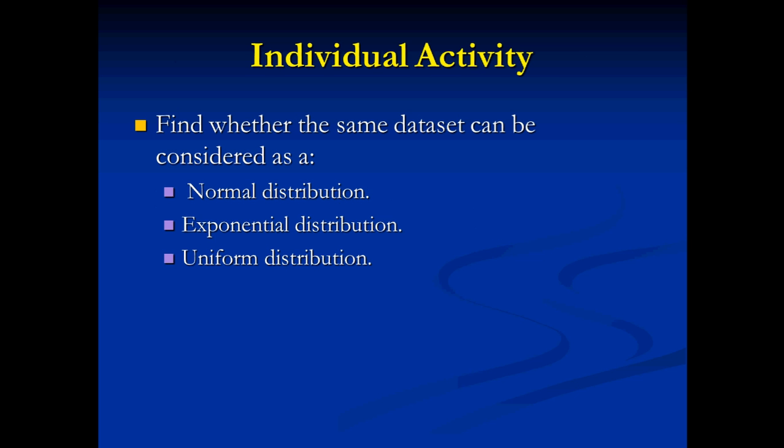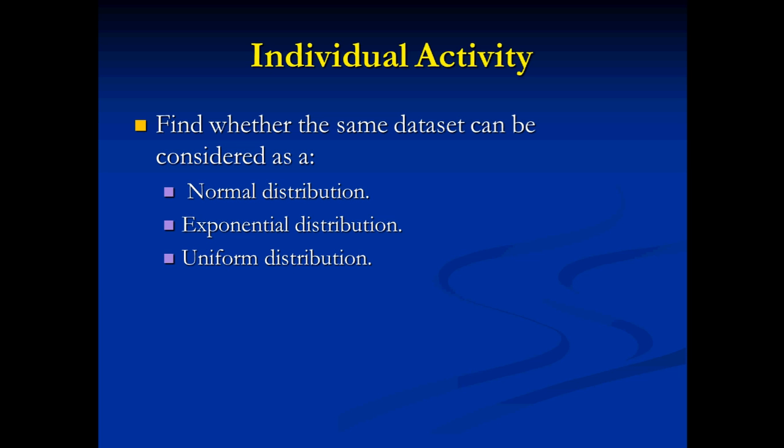Now you're going to perform this individual activity, and you're going to find whether the same data set can be considered as a normal distribution, as an exponential distribution, and as a uniform distribution. We already established that they are Poisson distribution, but what I want you to do is find out if they can be a normal, an exponential, or a uniform distribution.